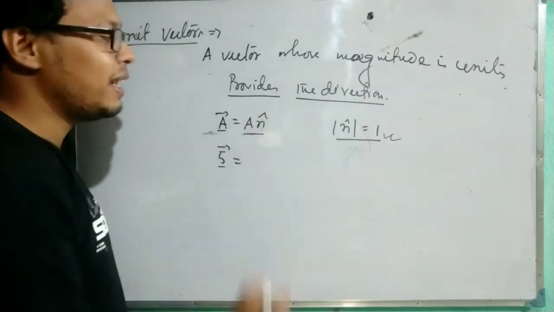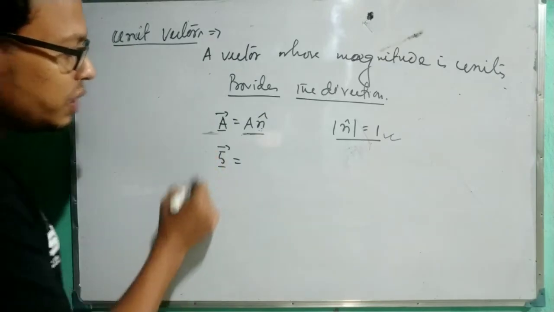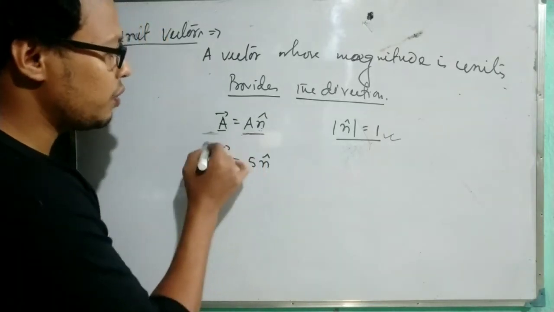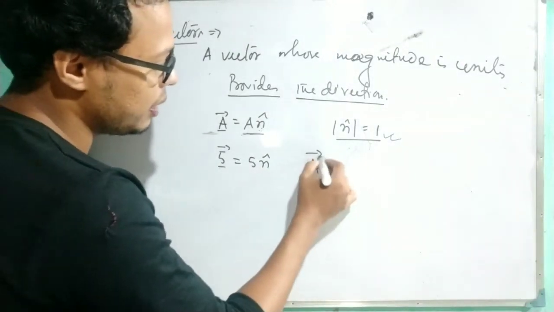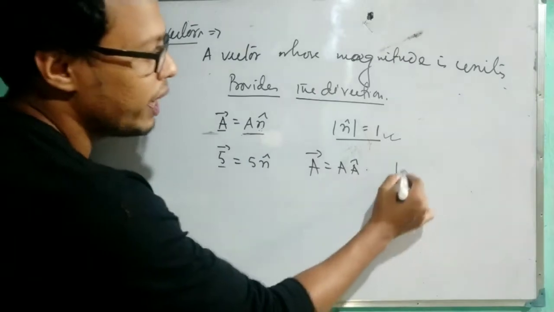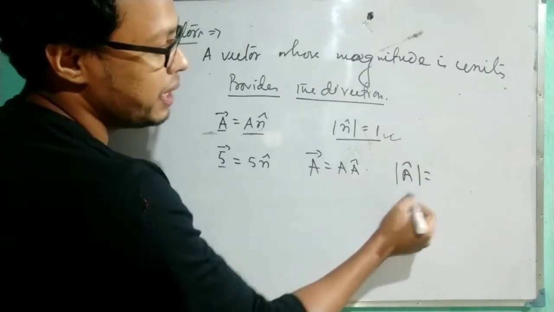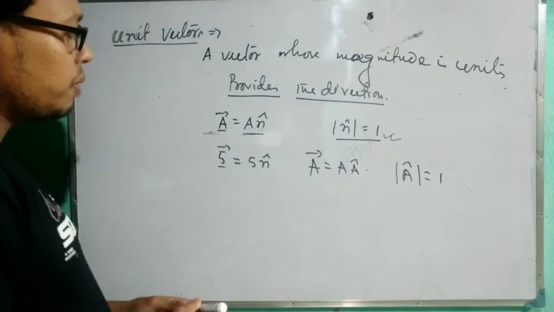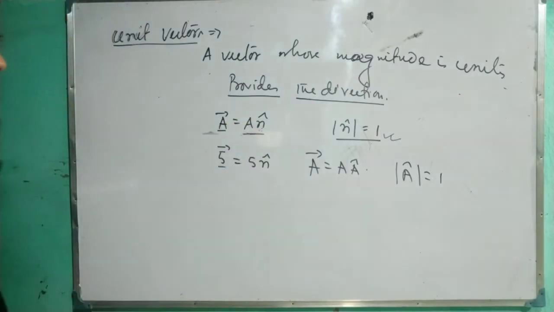That's why I can give it over here. So in the case of 5 also, 5 and n cap, you can give. Otherwise it is represented by the magnitude and a unit vector of A, where the modulus of the unit vector is 1. This is how the unit vector is represented.